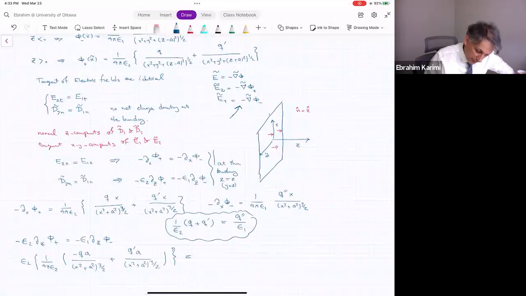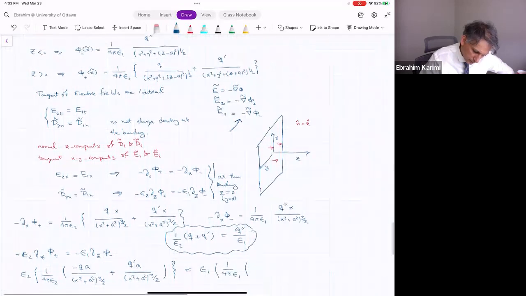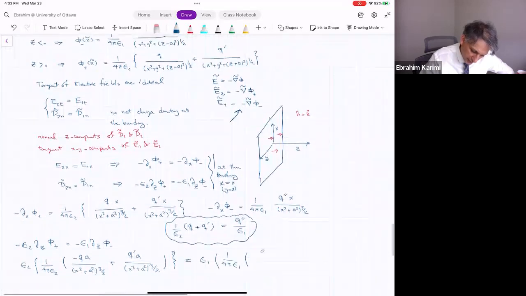And the other side will be epsilon 1, the minus goes away with the derivative. Then I will get 1 divided by 4 pi epsilon 1 q second with a negative a divided by x squared plus a squared to the power of 3 divided by 2.